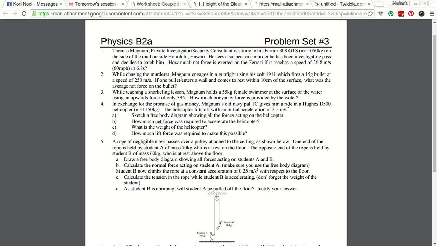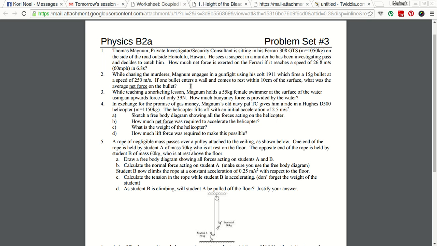The second one is: while chasing a murderer, Magnum engages in a gunfight. All right, so this one is a bit difficult. Can you please read it out?